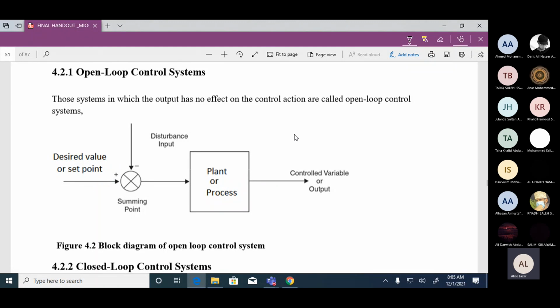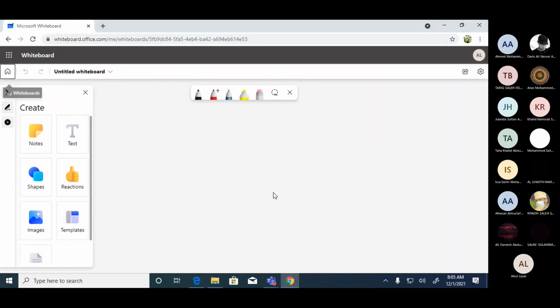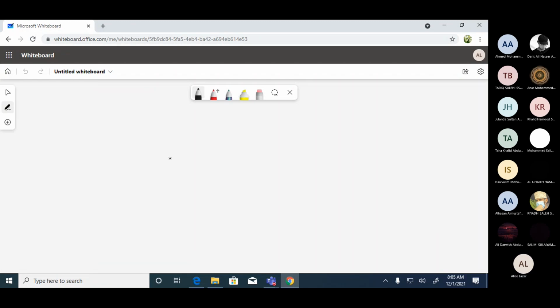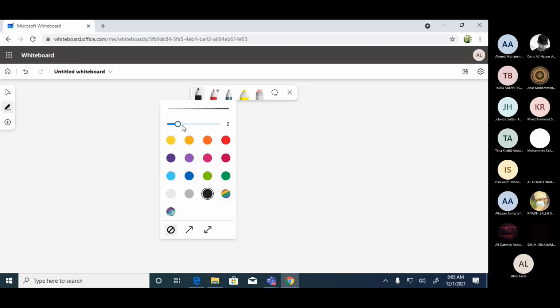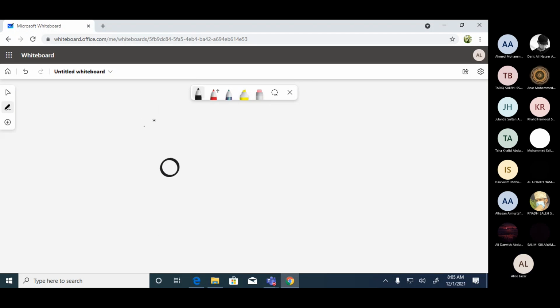So you see here, every control system has a very typical block. What is this block? Here we will be bringing the measurement.